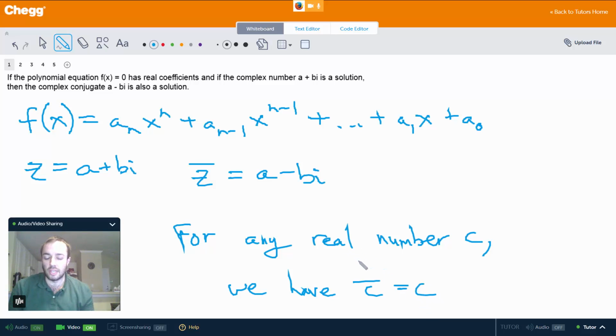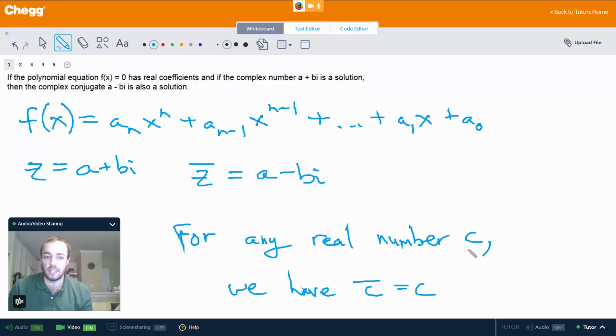In other words, the complex conjugate of a real number is just that number itself. Because remember, to find the complex conjugate, you just change the sign of the imaginary part. Well, if you have a real number, the imaginary part is 0, so there's nothing to change. So you just get the same number back.